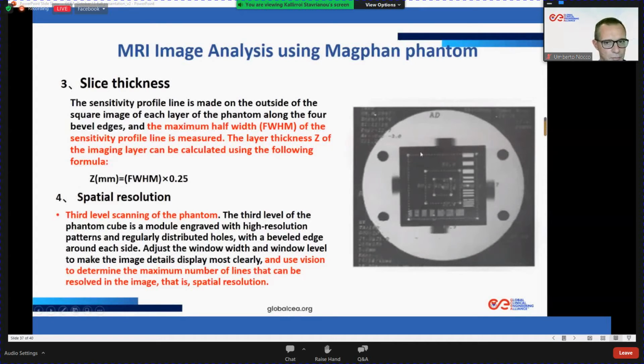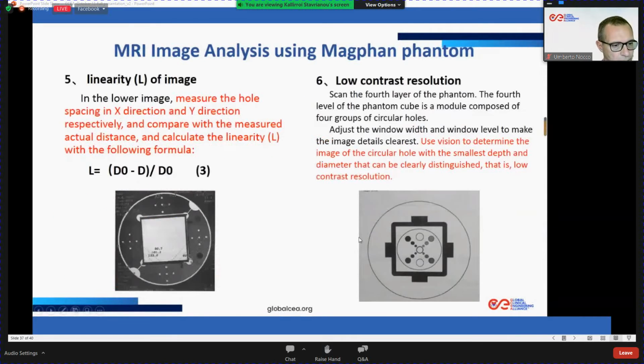We can use the scanning phantom and use vision to determine the maximum number of lines that can be resolved in the image. That is spatial resolution. The fifth parameter is the linearity of the image. We can measure the whole space in the X direction and in the Y direction respectively, compare with the actual distance, and calculate the linearity rate. We can get the linearity rate from a formula.